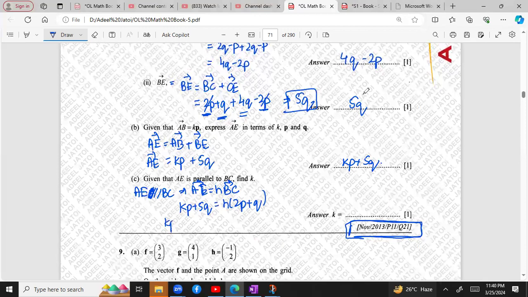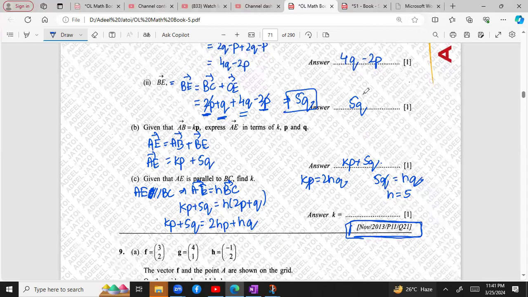Now we can use the comparing coefficient method, where we write KP plus 5Q is equal to 2HP plus HQ. So KP is equal to 2HP, and 5Q will be equal to HQ. So Q and Q are cancelled, and H becomes 5.